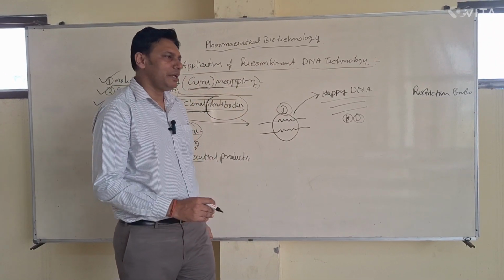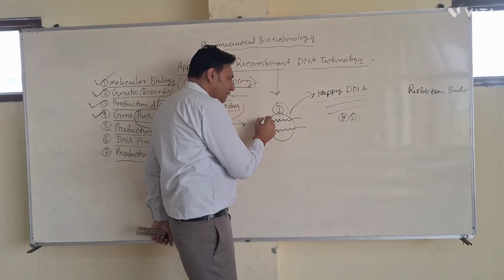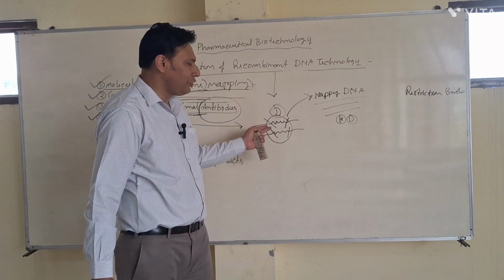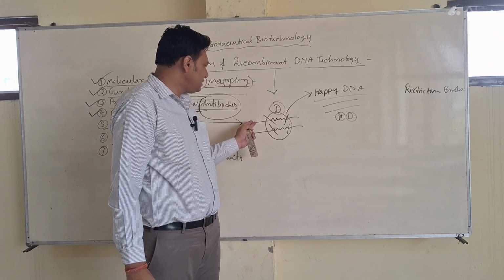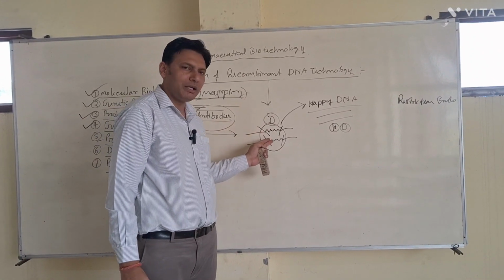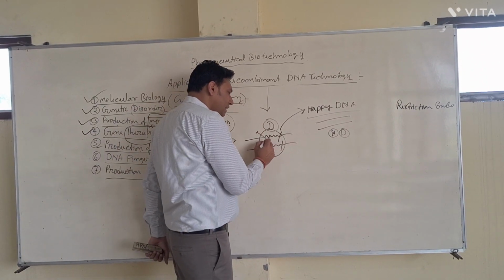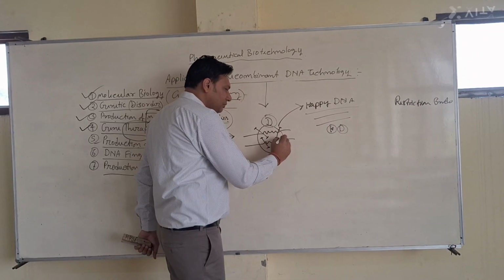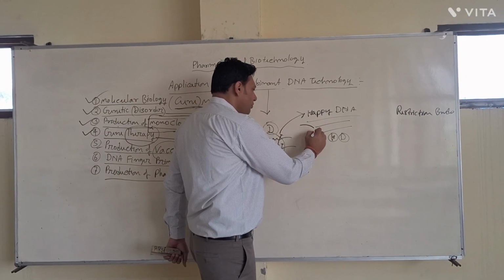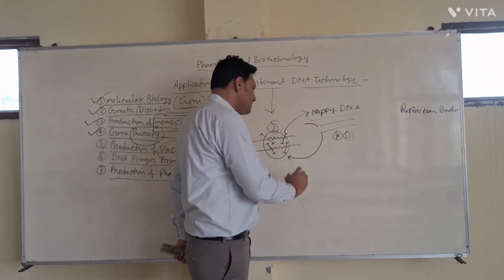So we will apply this technology here, as we can cut this faulty DNA with the help of restriction endonuclease, or we can first mark it with a molecular marker, and then cut this defective portion, and this fresh portion we can replace or attach here.